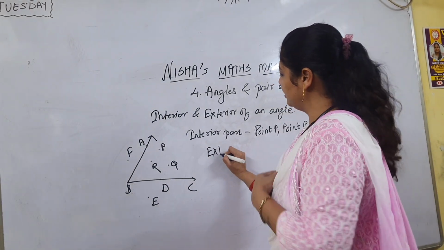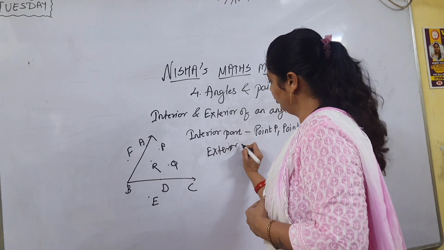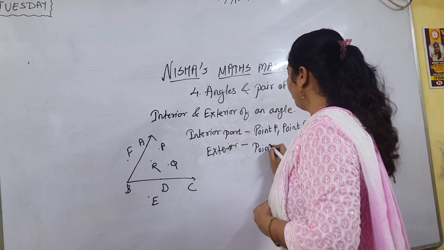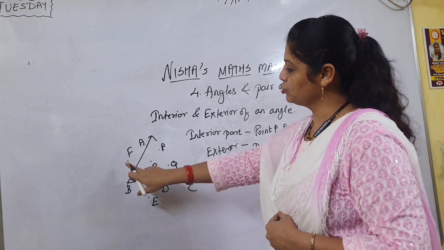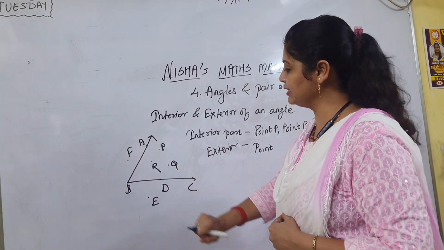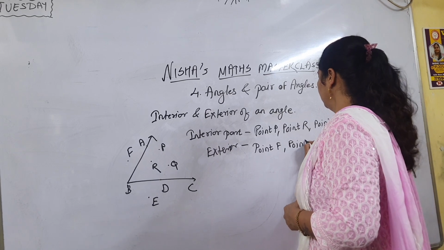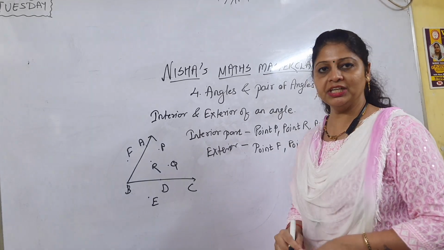Now moving to the next, that is exterior. Exterior means outside. Which points lie outside? F is there, E is there. So point F and point E. Got it children?